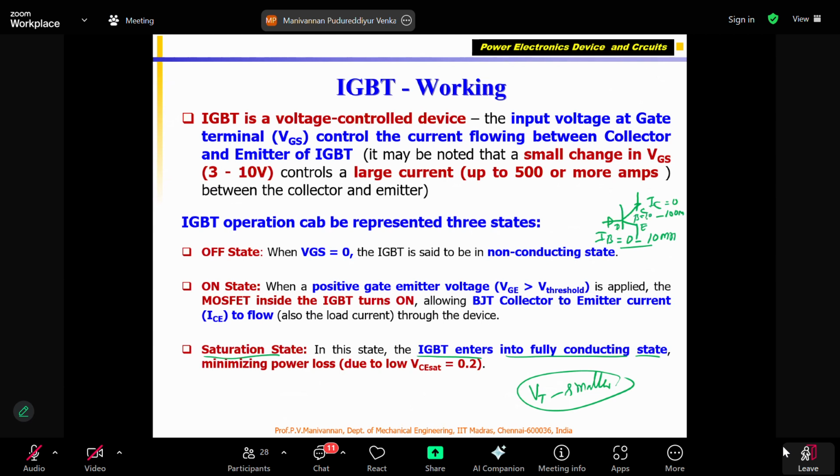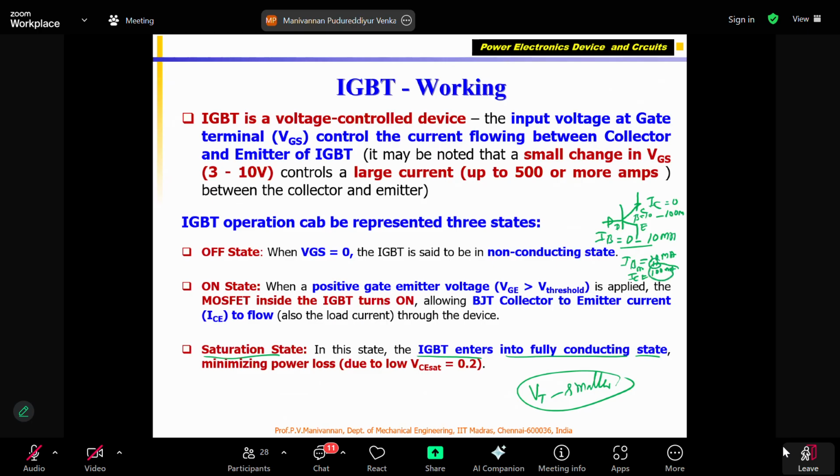Now, if I give IB equal to 10 milliamps, which is called IB max, then IC will be 100 milliamps. If I increase IB to 11 milliamps, you will see IC is still 100 milliamps only.